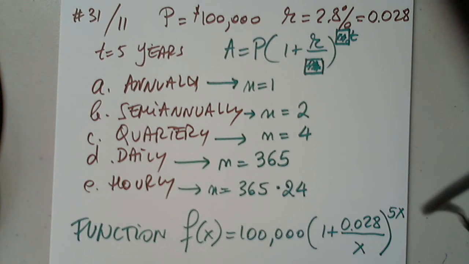Okay, so in y equals up here, we click on y equals and clear whatever you have. If you don't have anything, then you don't have to clear anything. We are going to enter the function we just created, which starts with 100,000, left parenthesis, 1 plus 0.028 divided by x.